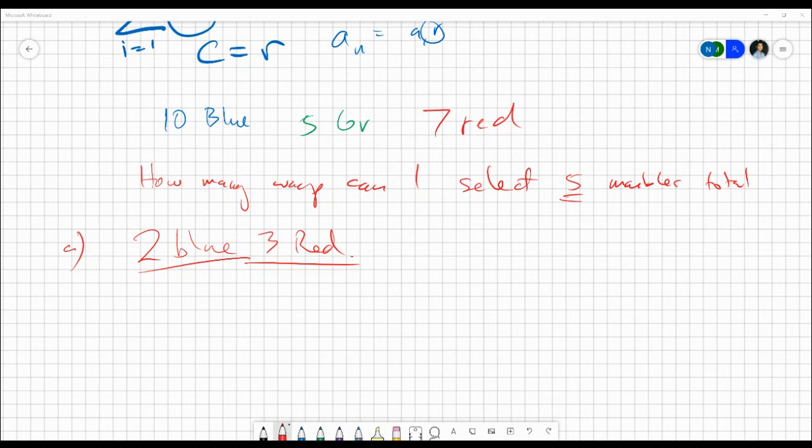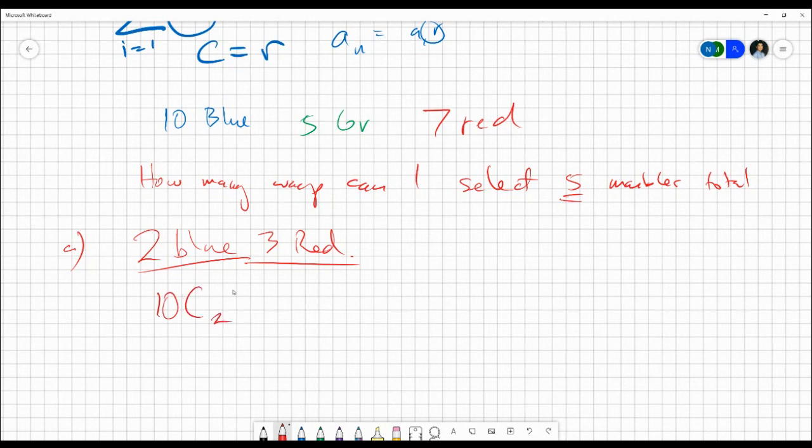But how many different ways can I do that? Is that a permutation or a combination? It's a combination because order doesn't matter when you choose one blue marble over the other. But then is it really 2 out of 10 blue marbles you're choosing? Yeah, so 10 choose 2. So that would be 10 C 2.